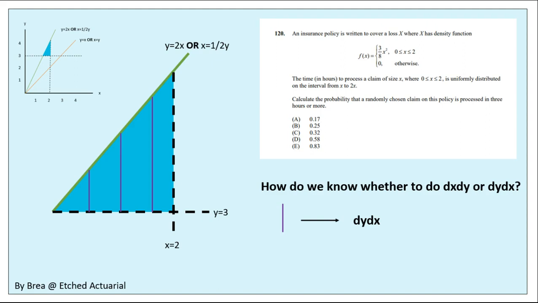For all these purple lines, the endpoints are y equals 2x and y equals 3. Those will be our boundaries for our integration later. But first we're going to find the endpoints for our dx integration, our outer integration.